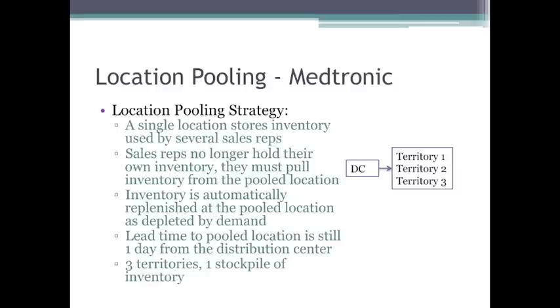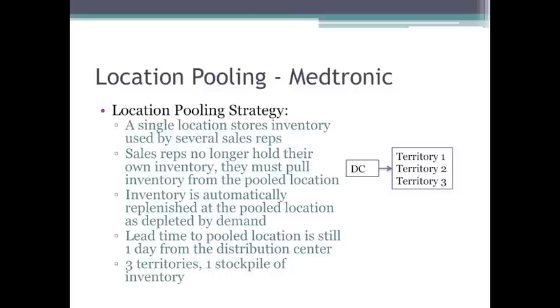Well, once we do this, if all of these sales reps have to use the inventory from the pooled location, because the standard deviation increases at a slower rate than the mean when you start adding these together, you need less safety stock to be able to serve the customer in the same way.